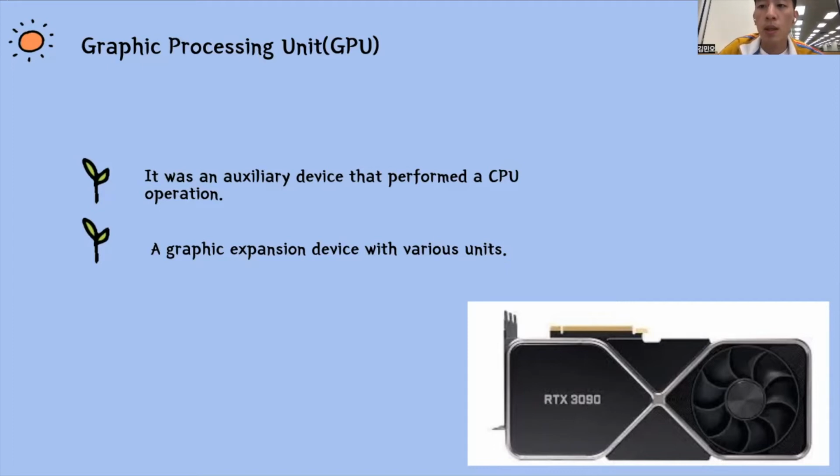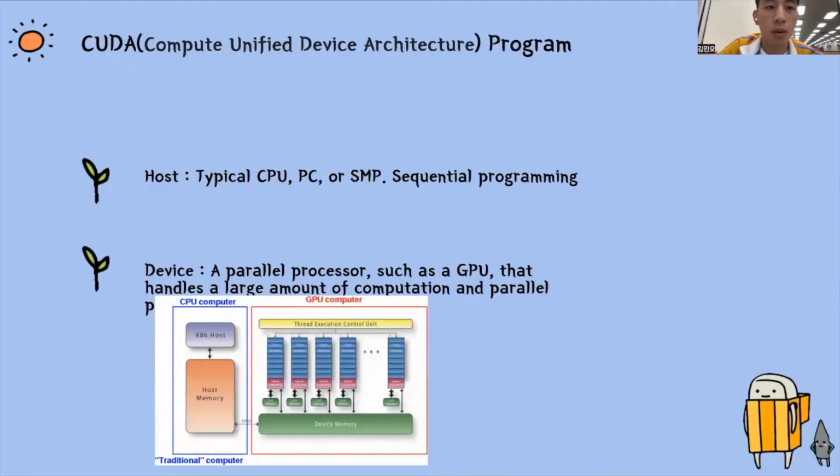In the basic architecture of the current GPU, one of the biggest graphic card companies, NVIDIA, made an architecture by themselves called CUDA. It stands for Compute Unified Device Architecture.